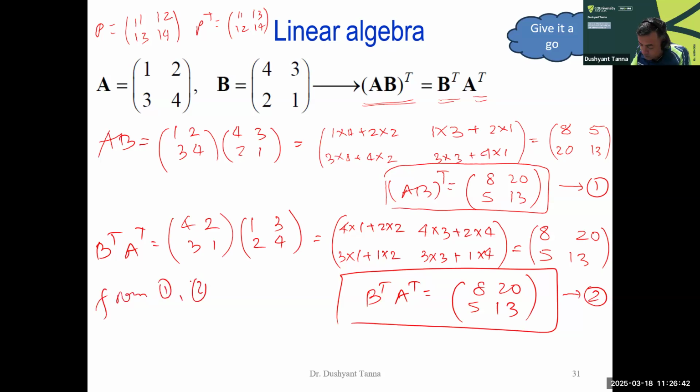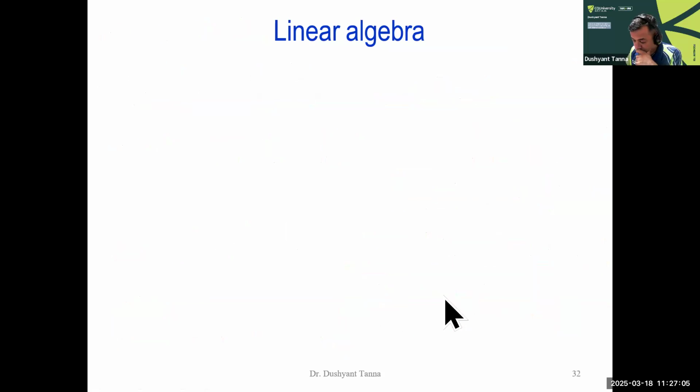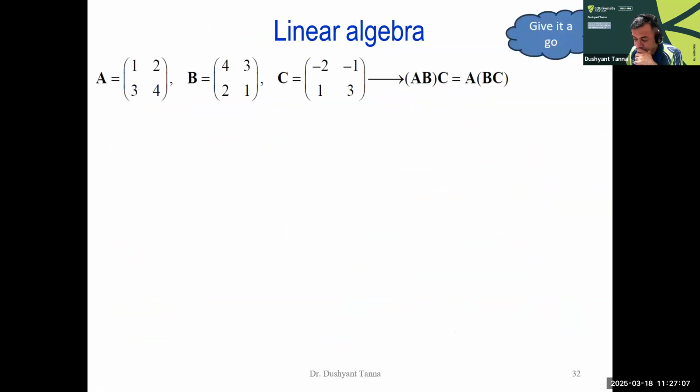From 1 and 2, I can verify that AB transpose is B transpose times A transpose. Happy days. Well, it wasn't too bad. Yeah, it's all about practicing them. Right. Please verify this one.